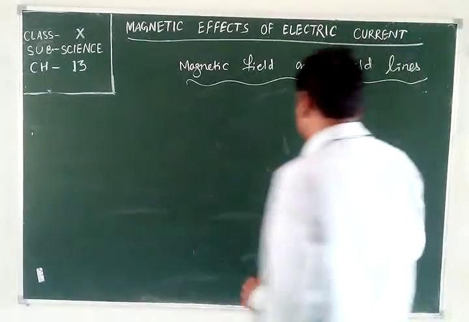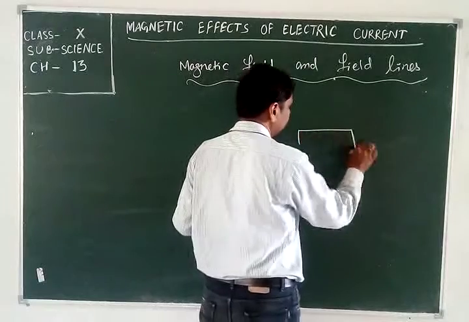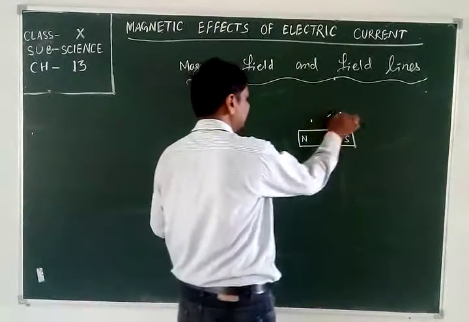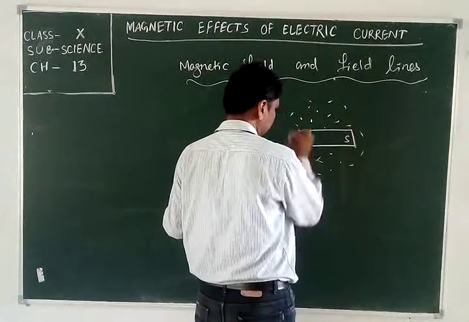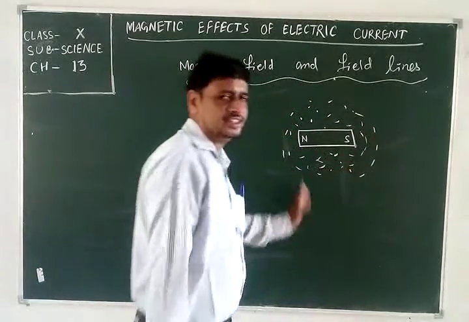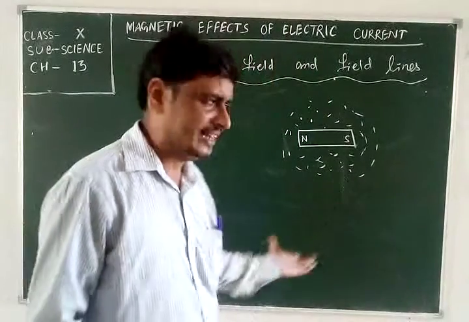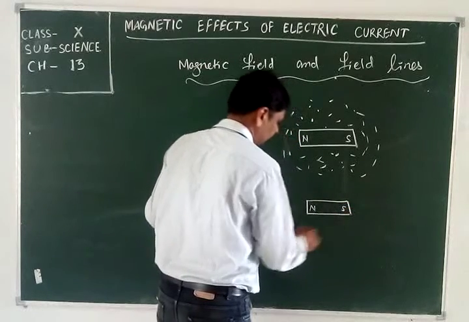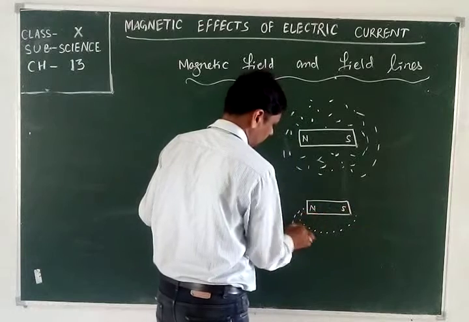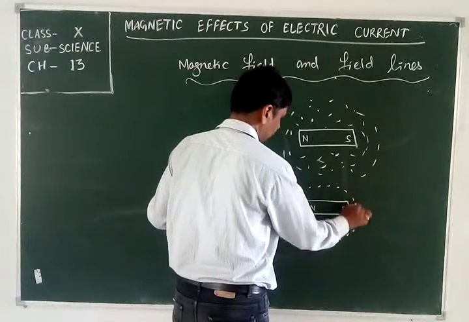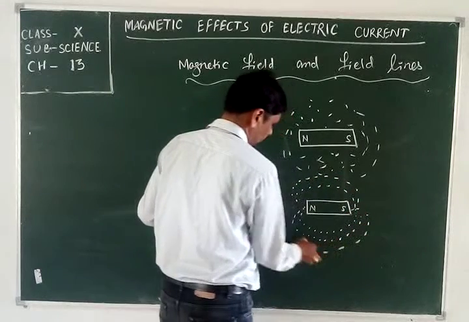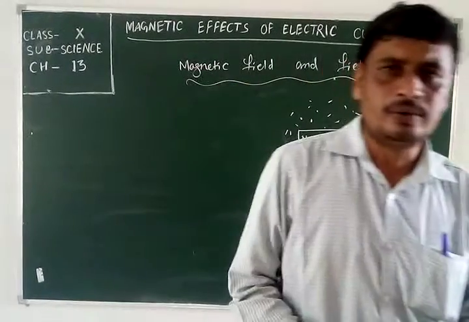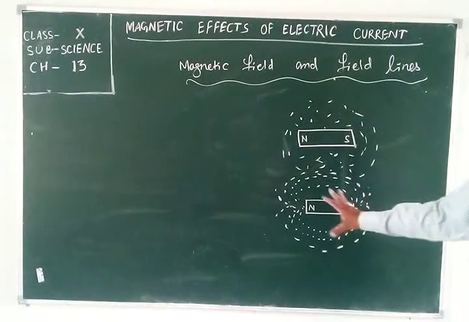If we take a board, a bar magnet and some iron filings, the iron filings will be arranged and form this type of pattern.